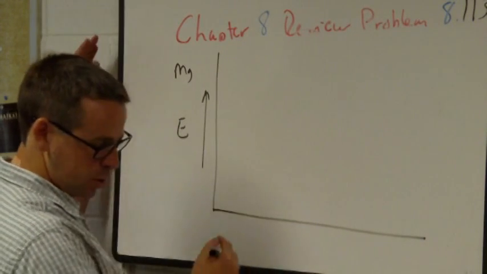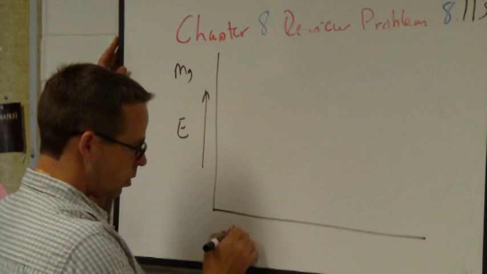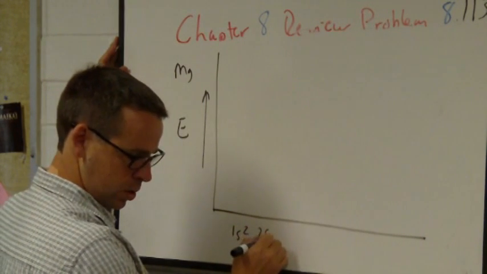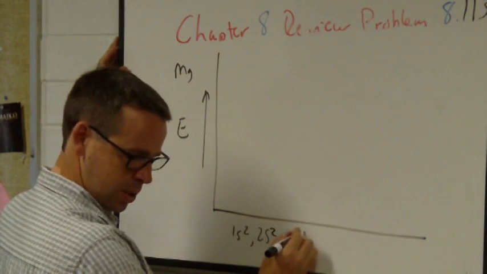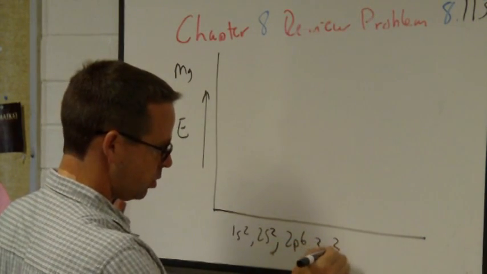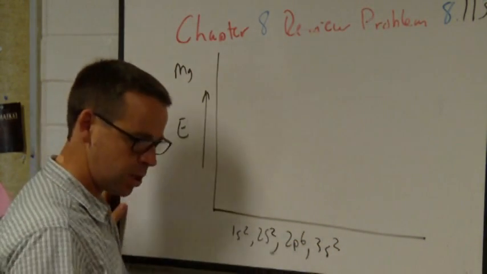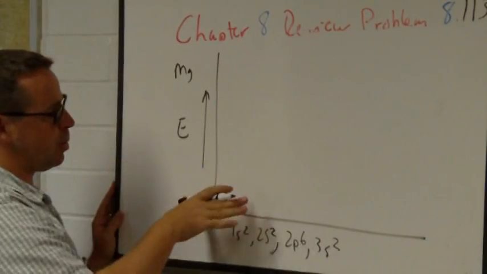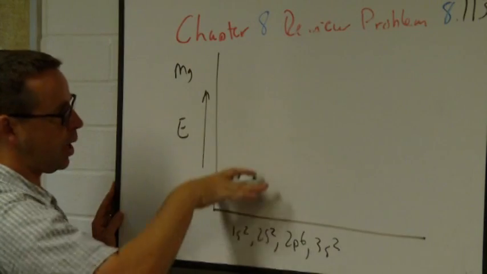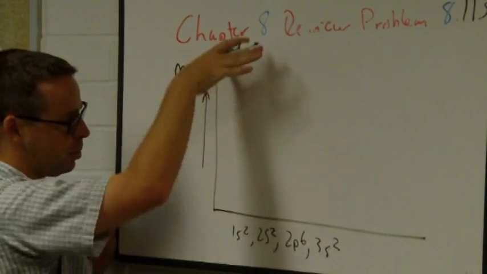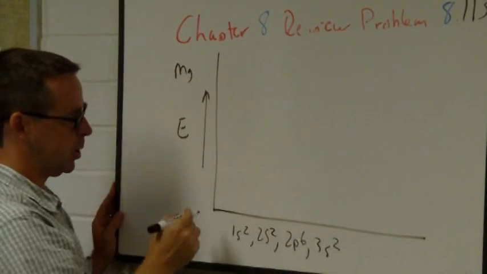It helps to identify the electron configuration: 1s2, 2s2, 2p6, 3s2. Then we can draw this orbital diagram showing the energy levels increasing from the bottom to the top.